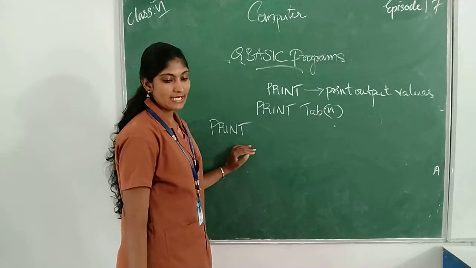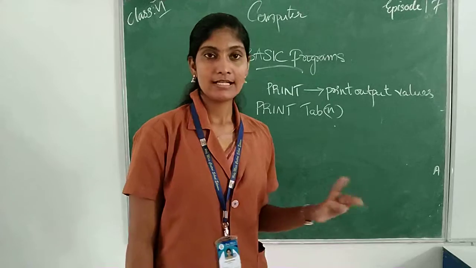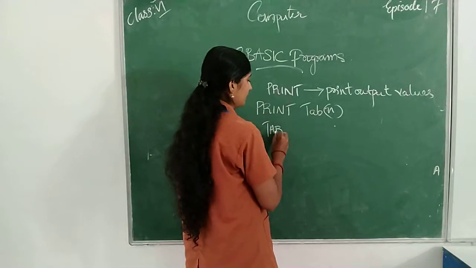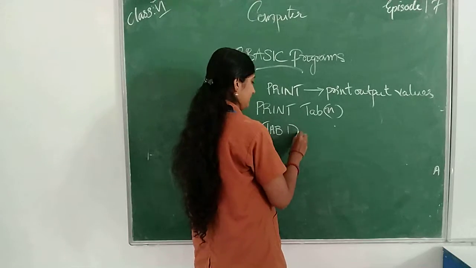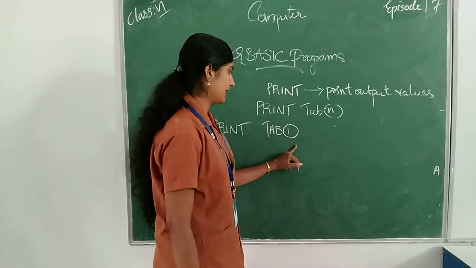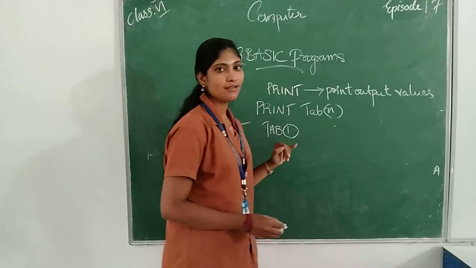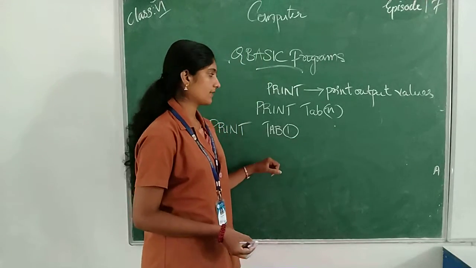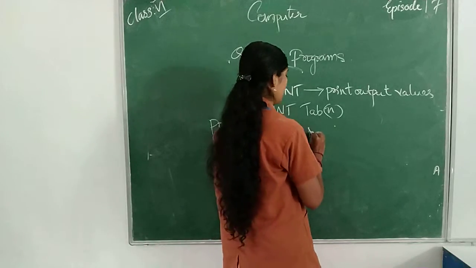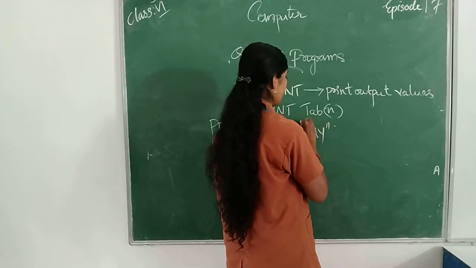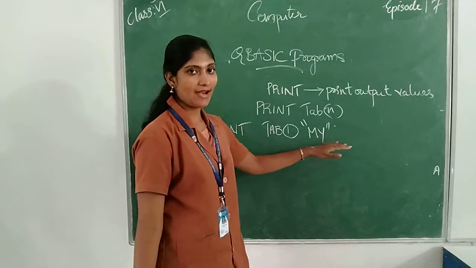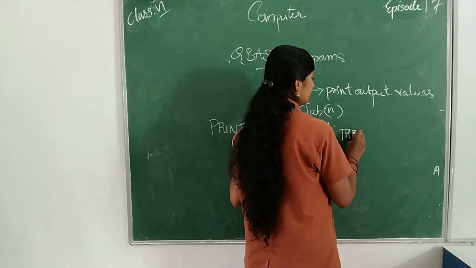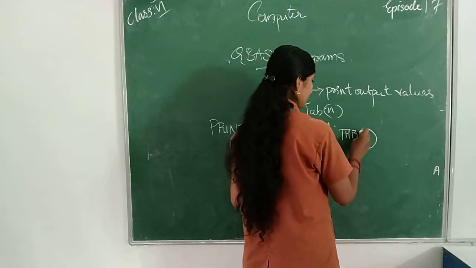Then next is tab, so tab of 1. Then next write a word, for example my. Then add another tab, so tab of 5.